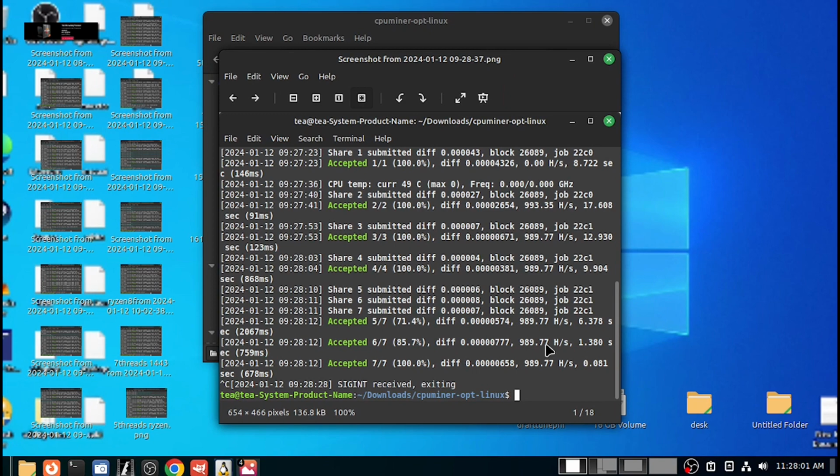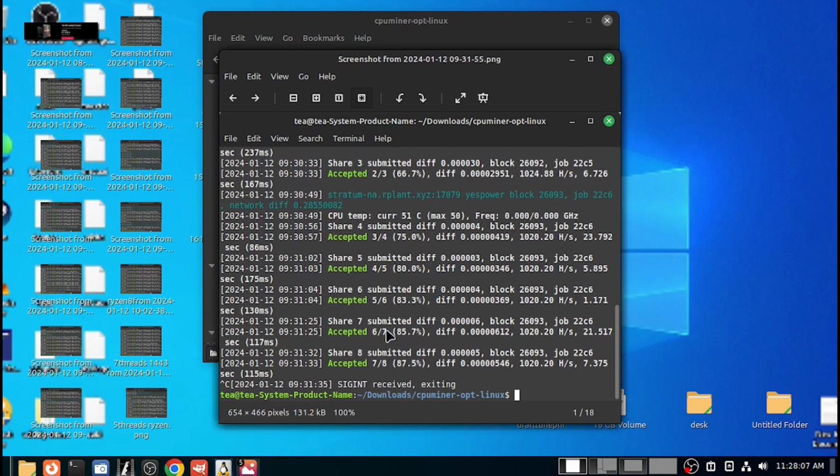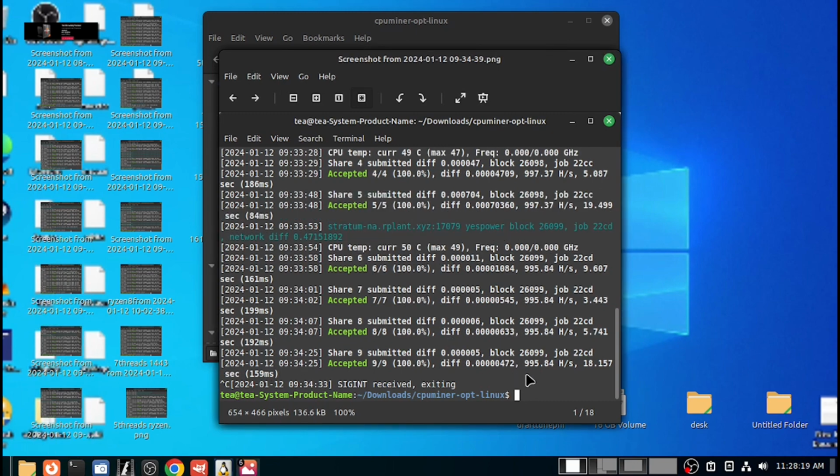And then test number 5, and it went up to 1020 hash. Test number 6, it only went to 995.